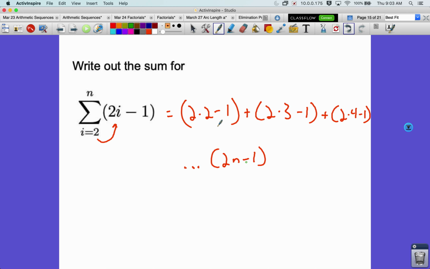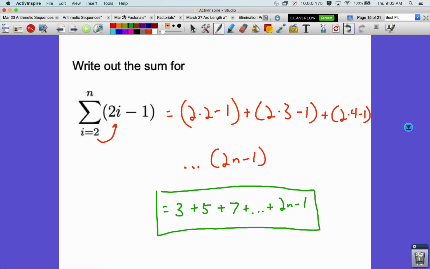And then this can be simplified a little bit. 2 times 2 is 4 minus 1 is 3, so this is 3 plus, that is 5 plus 7 plus dot, dot, dot, plus 2n minus 1. So this is a good way to write it. Yep. So your answer does include the dot, dot, dot there.